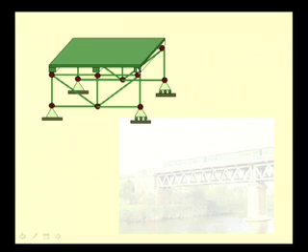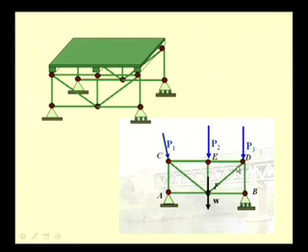Let us take one of these trusses, let us say the front set of elements, and that is shown in this picture. Here we see that the loads are carried by these beams and they are transmitted to the truss through these joints. That is what you see in this picture as the various loads P1, P2, P3.